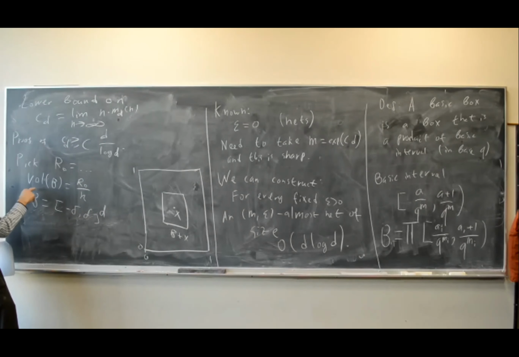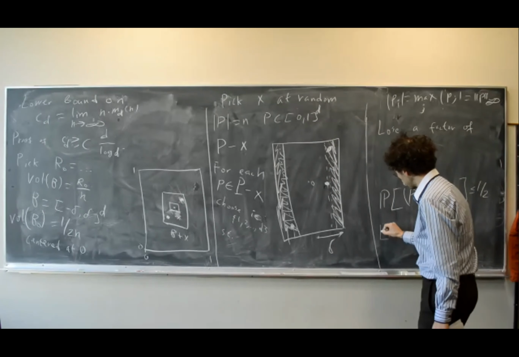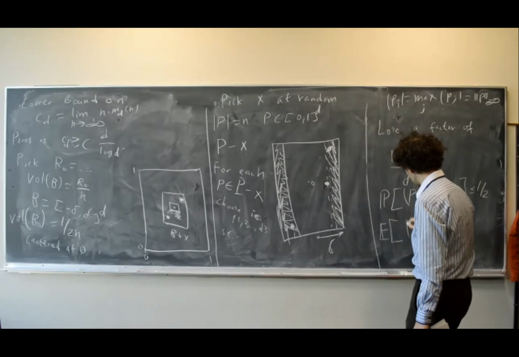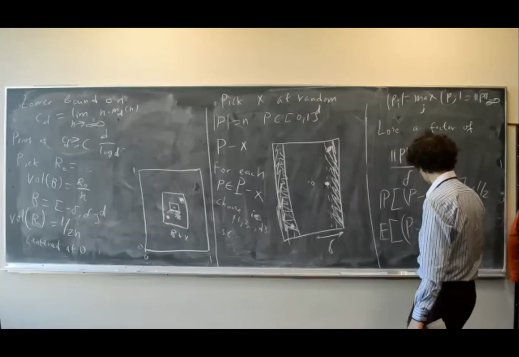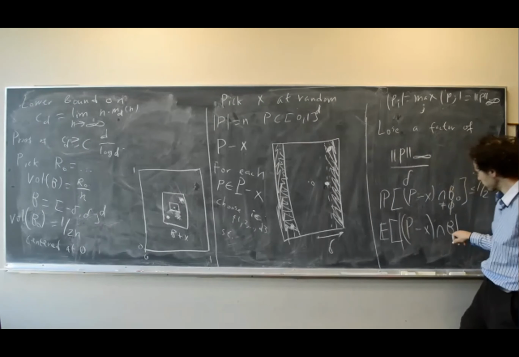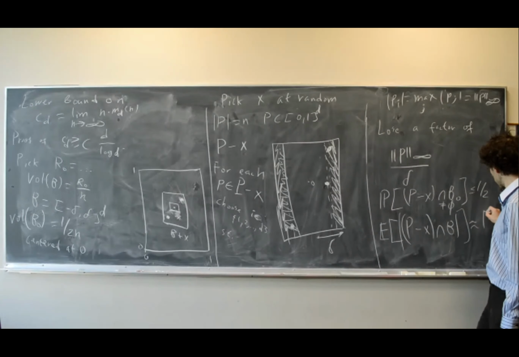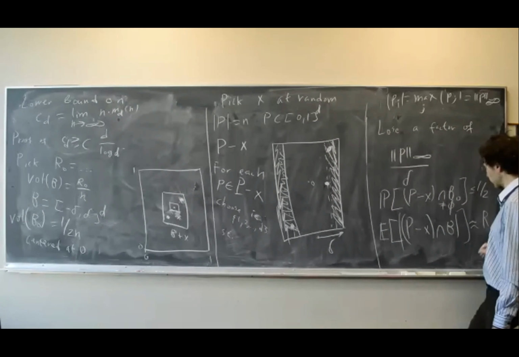And now again, we don't want to cut off too much. We do not want to have too many points. So we expect the number of points which hits the big box to be approximately R0.